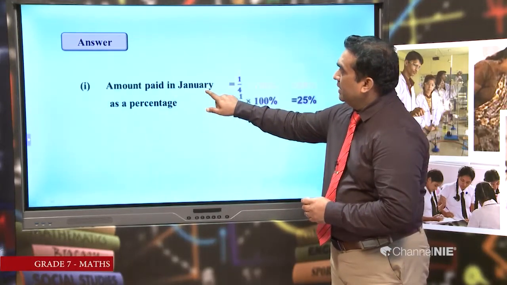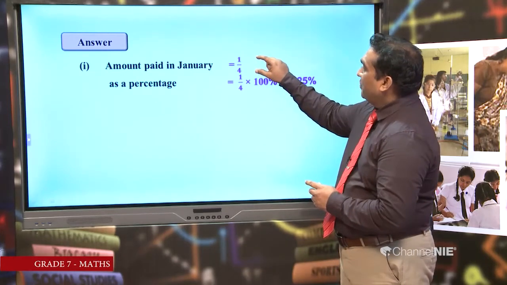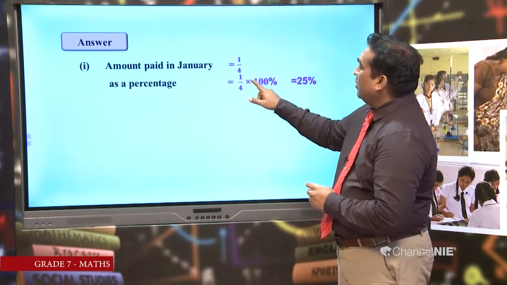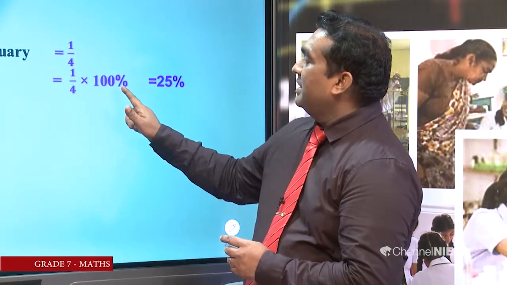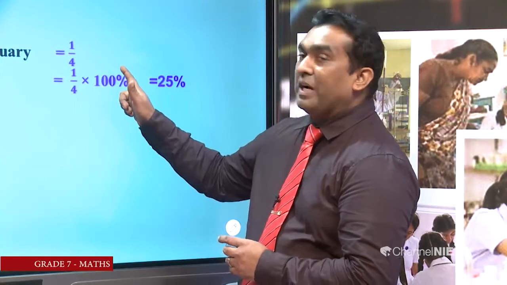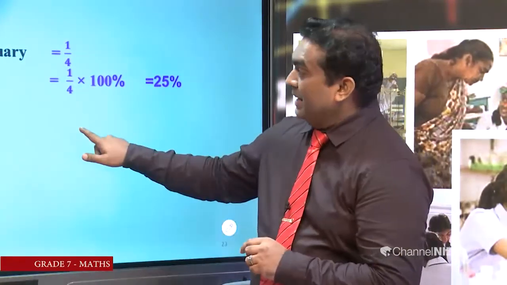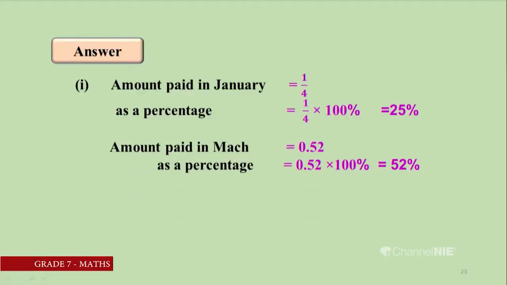Answer. Amount paid in January as a percentage. Fraction 1 over 4. 1 over 4 multiplied by 100. Then divide 100 by 4, you have 25 here. 25 into 1 is 25, 25%. Then amount paid in March as a percentage. In March you can see a decimal number. Using the direct method you can convert this 0.52 into a percentage.